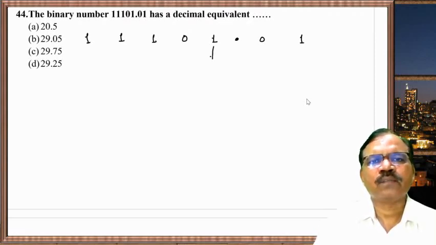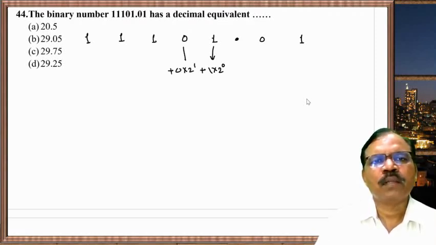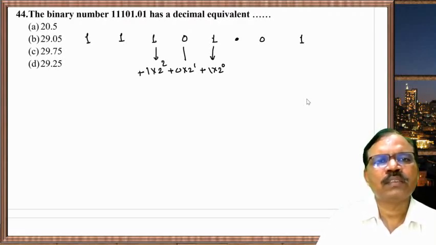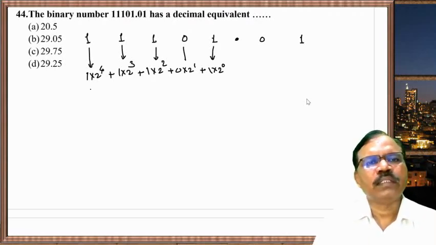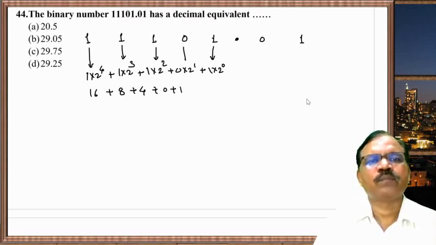So here 1 into 2 raised to 0 plus 0 into 2 raised to 1 plus 1 into 2 raised to 2 plus 1 into 2 raised to 3 plus 1 into 2 raised to 4. Now 2 raised to 4 is 16 plus 8 plus 4 plus 0 plus 1.